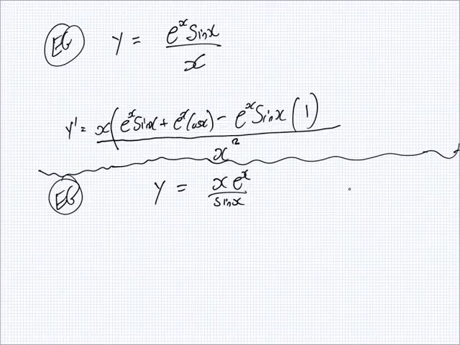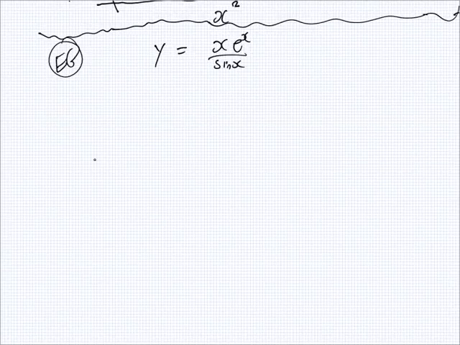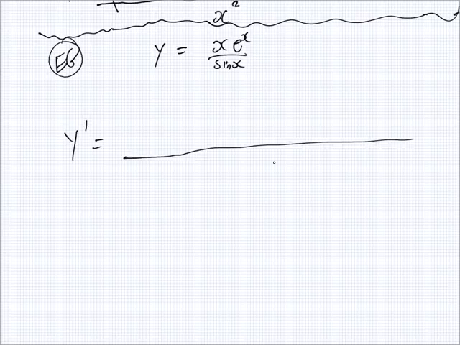Let's have a look at this one. So please watch carefully for this one. So the quotient rule, the bottom squared, the bottom times derivative of the top, which is now a product rule. Derivative of the top is a product.